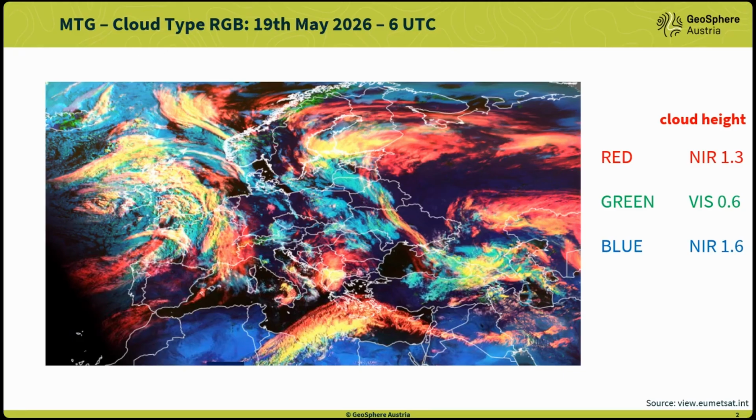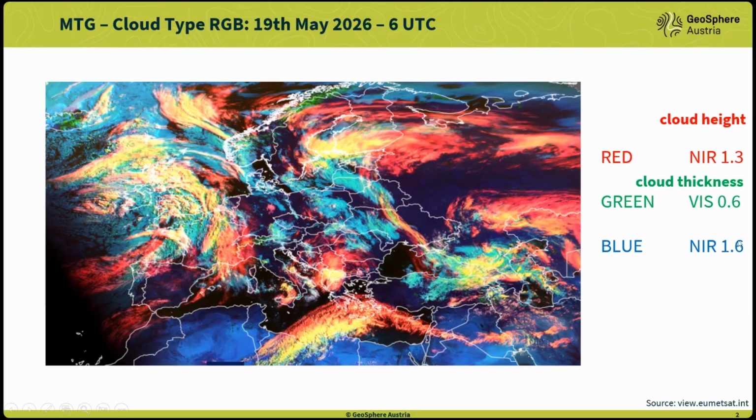On the green beam, I've already mentioned there's not so much green in this image. You have the visible 0.6, and this physically relates to cloud thickness. That means that the green channel has a big contribution for thick clouds, and also snow-covered land, like you see here in the northern parts of Norway, for example.